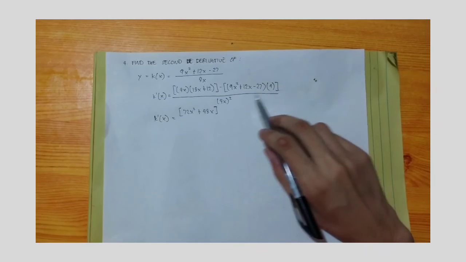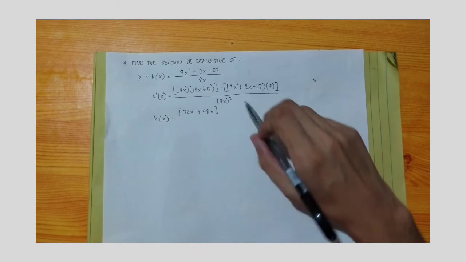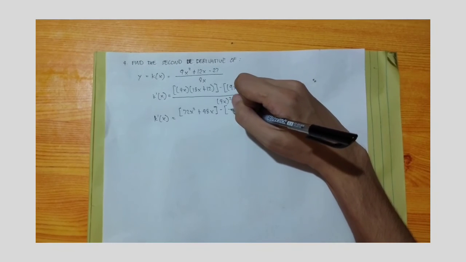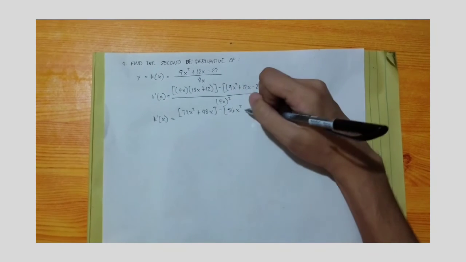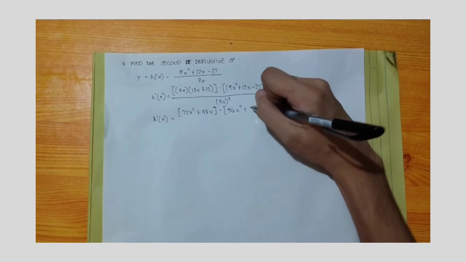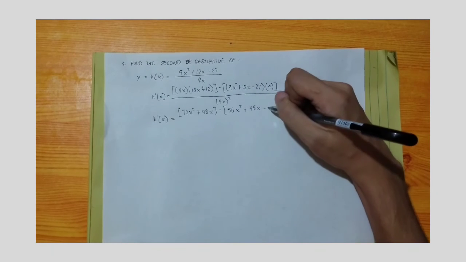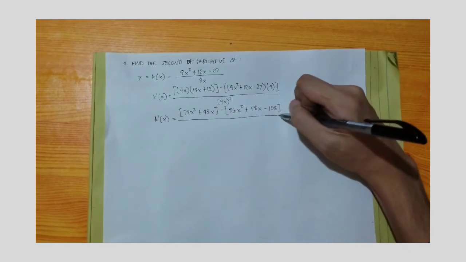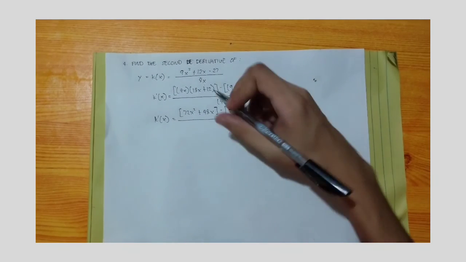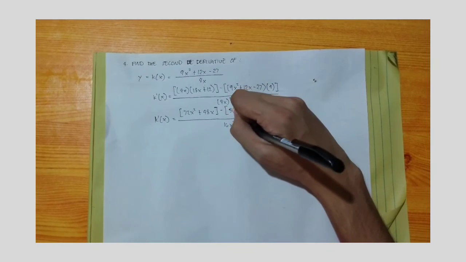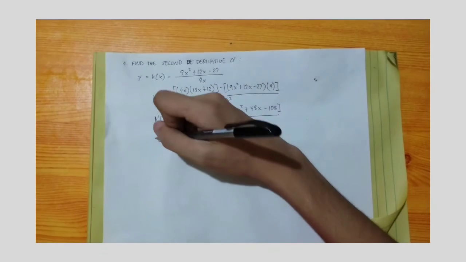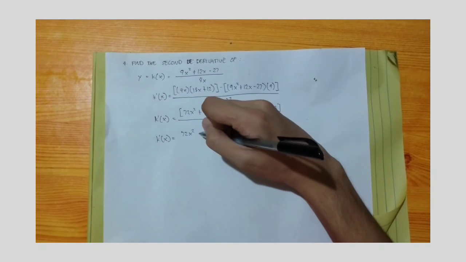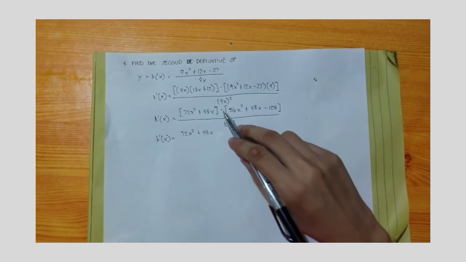Then multiply 4 by 9x squared plus 12x minus 27, we will have 36x squared plus 48x minus 108. And simplify 4x to the power of 2 is just equal to 16x squared. Then simplify again, we'll have k prime of x equals to 72x squared plus 48x.